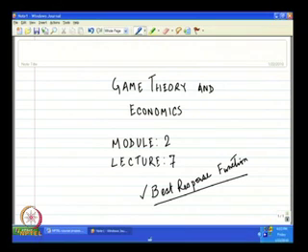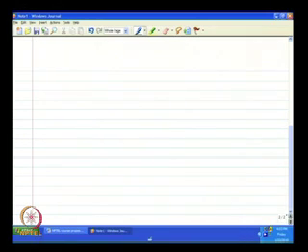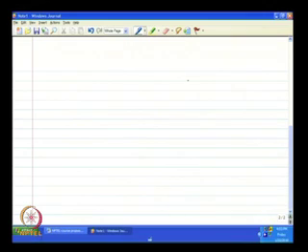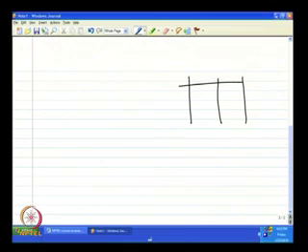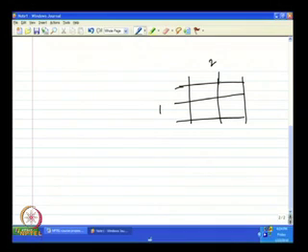So let me try to define what is best response function. Let me try to give an example so that it becomes clear, and this example is from the case of discrete actions. Then we can generalize this and give a general definition.